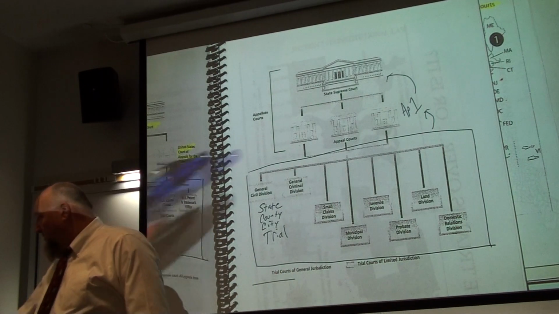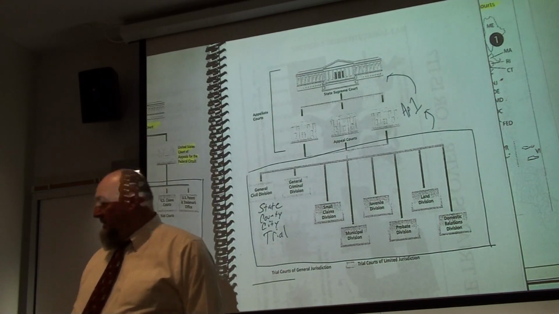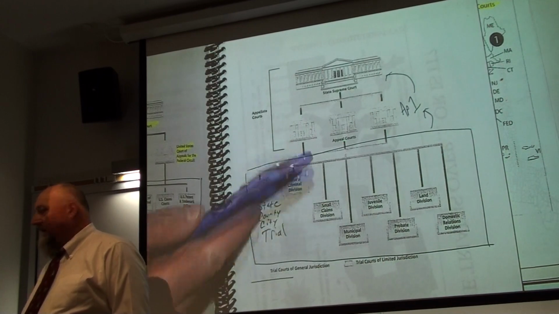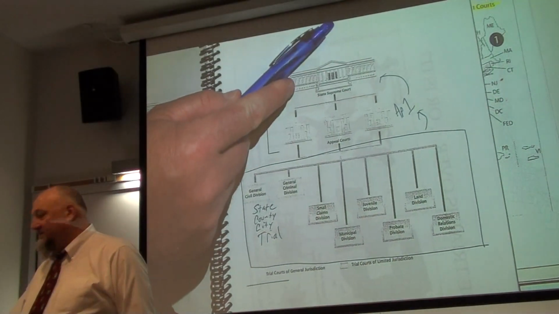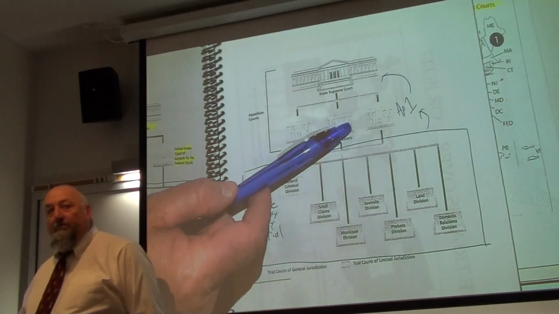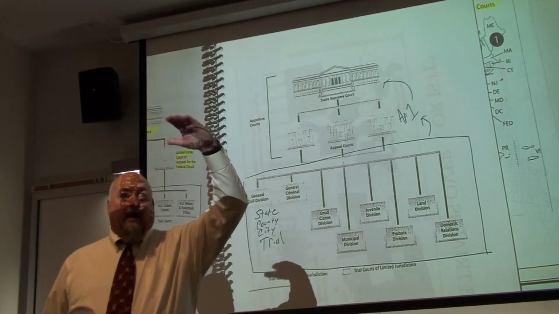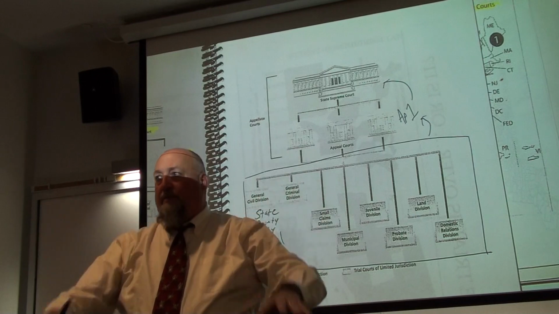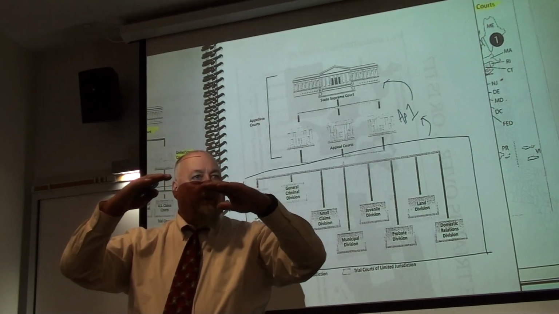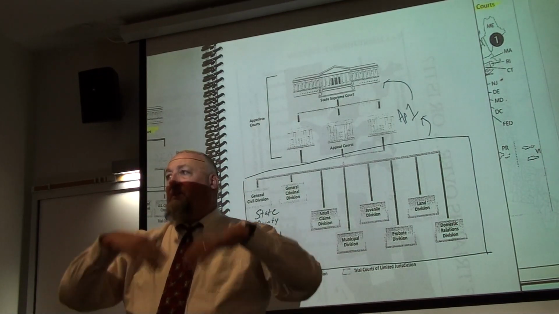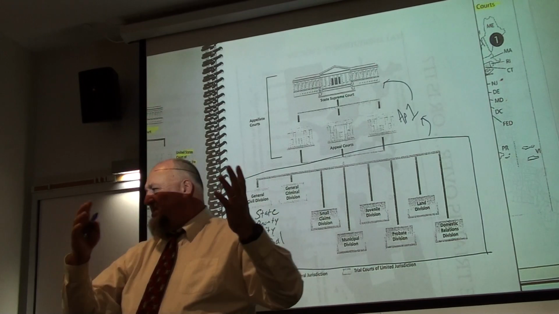But if the Court of Appeals issues a decision, it is binding on all the trial courts, but not the Supreme Court. The Supreme Court issues a decision, it's binding both on the appellate courts and the lower trial courts. So higher level court binds all the lower courts. Medium level appellate court binds the trial courts, but not the Supreme Court. Make sense? Okay.